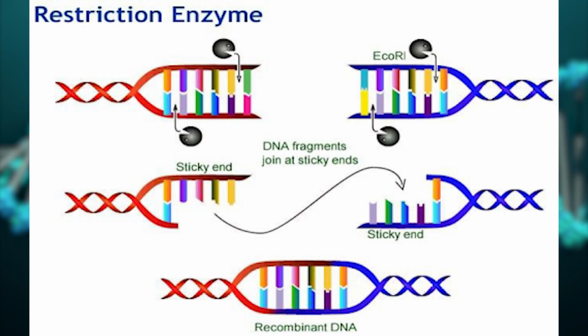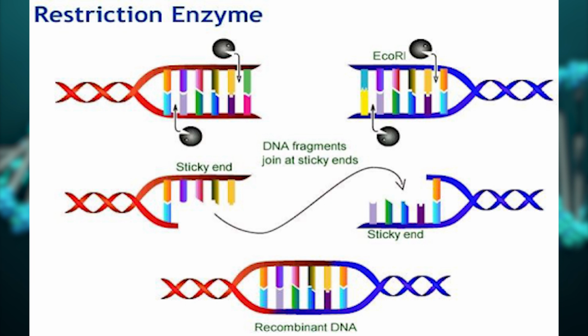and it is already shown to you. EcoR1, here again we can see how the sticky ends are produced, as I had already explained to you. So this is how the restriction enzyme is actually working. We can see in the first step of the figure, the black spherical balls are basically restriction enzymes.